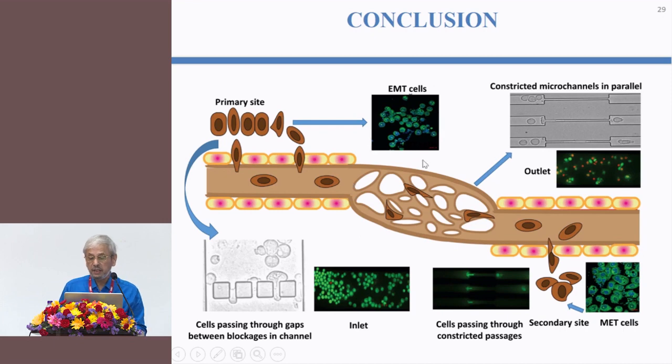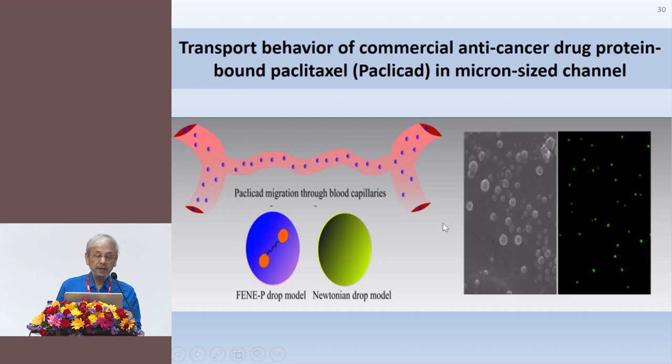So this part, as I said, can be summarized in this way: through the complex network of capillaries, natural transition from epithelial to mesenchymal takes place, and it is understood that mesenchymal cells are drug resistant, and the drug resistance is quite high, quite significant.